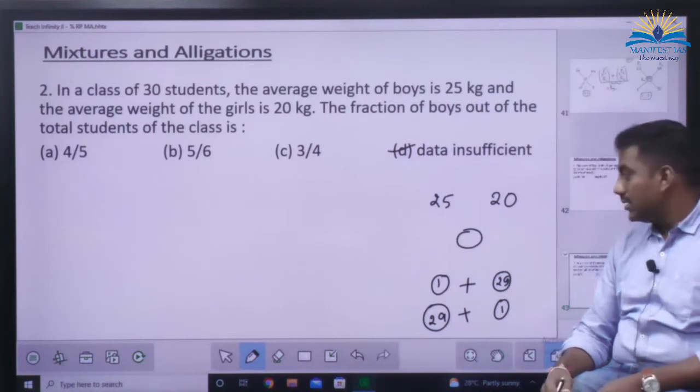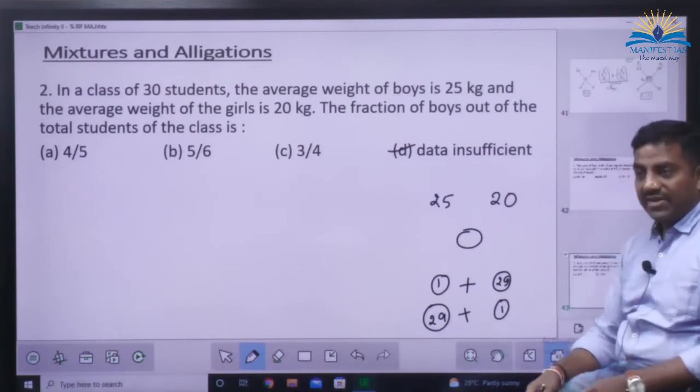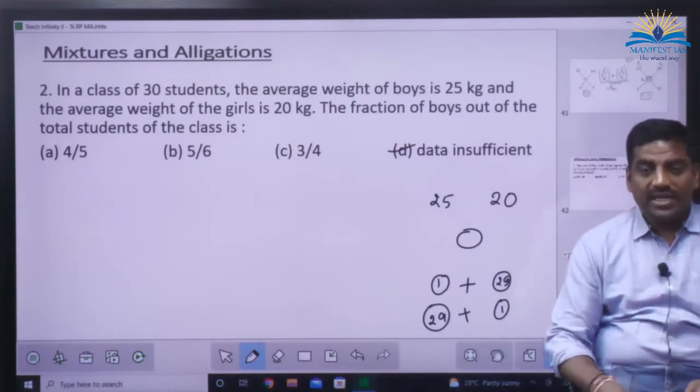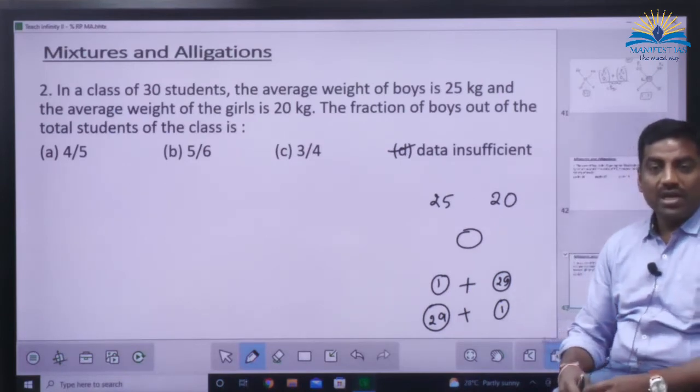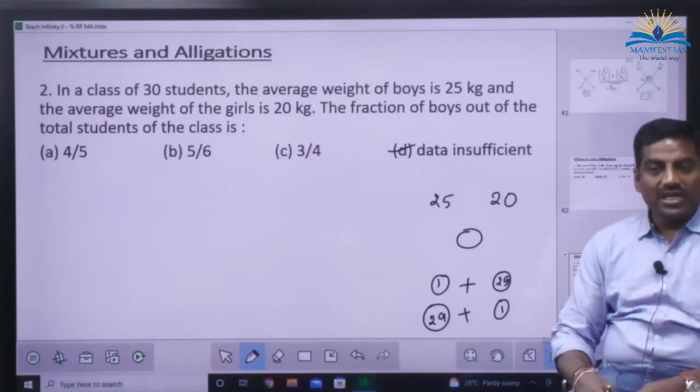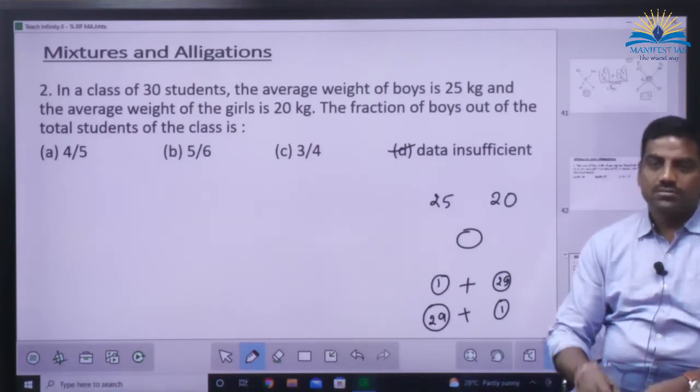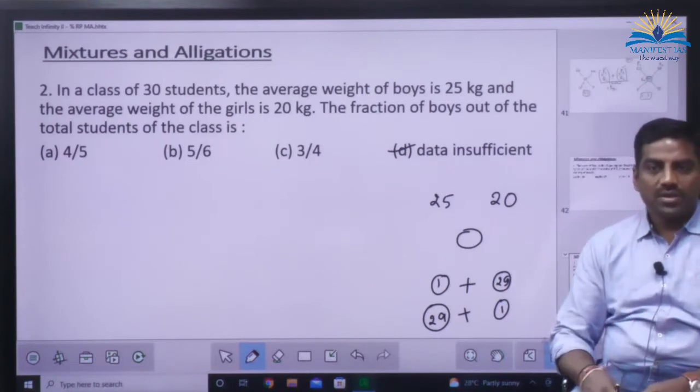See, boys are having 25 kg average means, let us take every boy weighs 25 kg. Every girl weighs 20 kg. 15 girls, 15 boys would have been middle, no? Exact. What about 14 boys, 16 girls? Total weight would change. 16 boys, 14 girls, it would change.